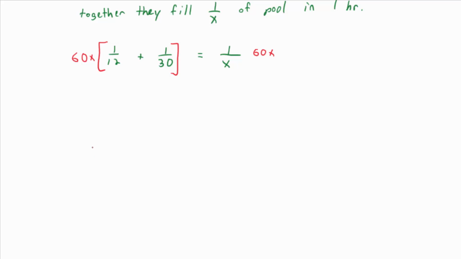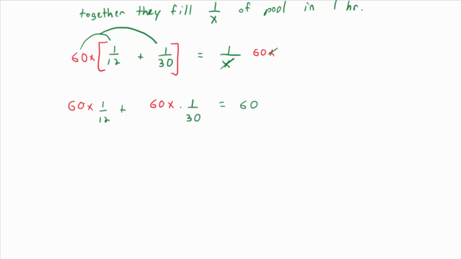Now on the left side, if I distribute the 60x, I'll go ahead and write it out here, 60x, 60x. So I distribute the 60x, I get 60x times a 12th plus 60x times 1/30. On the right side, by the way, that's easy. What's left? Just 60, right? Okay.